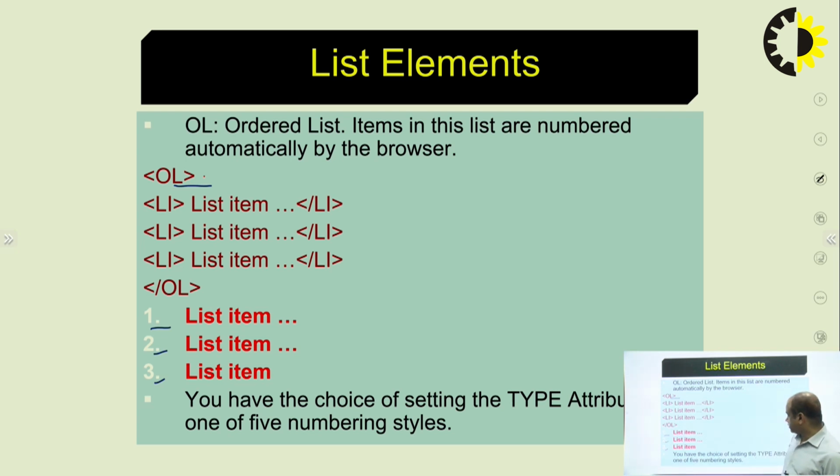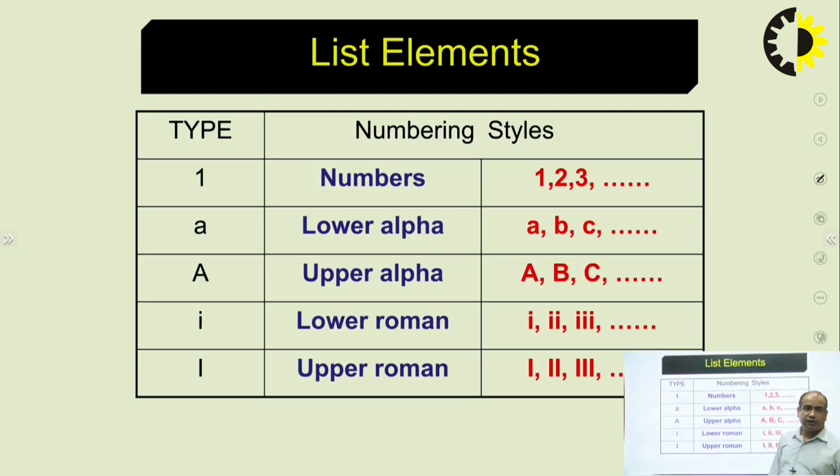We have to choose, by setting the type attribute, one of the 5 numeric styles. If I wish to use numbers, I will go with 1, or if I go for lowercase alphabet, I will give the type value a. If I wish my markers to be capital A, B, C, D, then I will give the type value A. If I wish it to be represented by lowercase Roman, I will give type equal to small i.